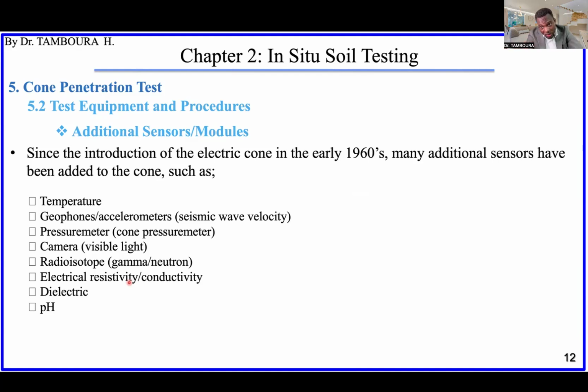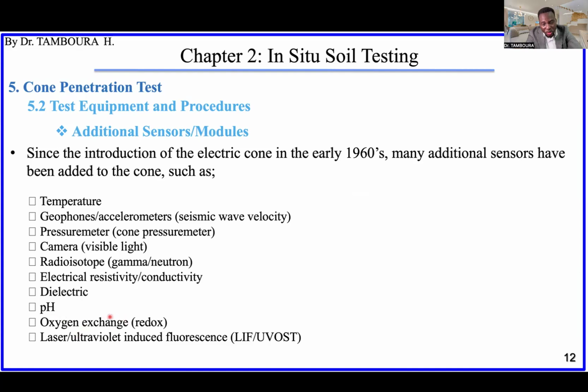Sometimes we can use CPT to measure that also. Oxygen exchange, redox. Not all of them are for geotechnical engineering. Laser also, ultraviolet induced fluorescence, and also membrane interface probe.